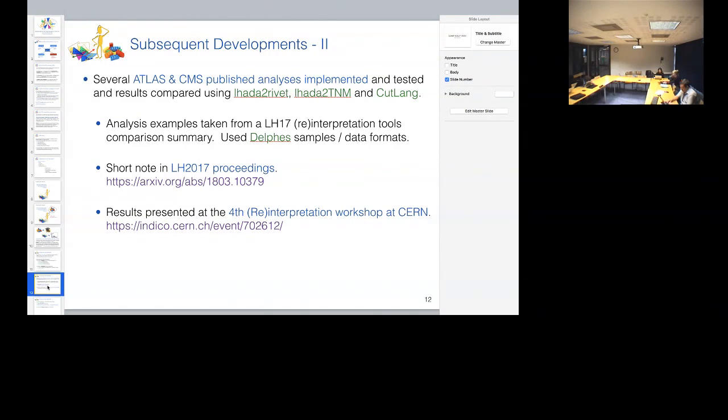The approach is that, you know, here's a language with some idea about how it should be constructed. Actually write analyses in this language, run these various tools to either translate from ADL to C++ and subsequently into a framework, or to interpret and then see whether this really works. That's essentially the approach that we've taken.